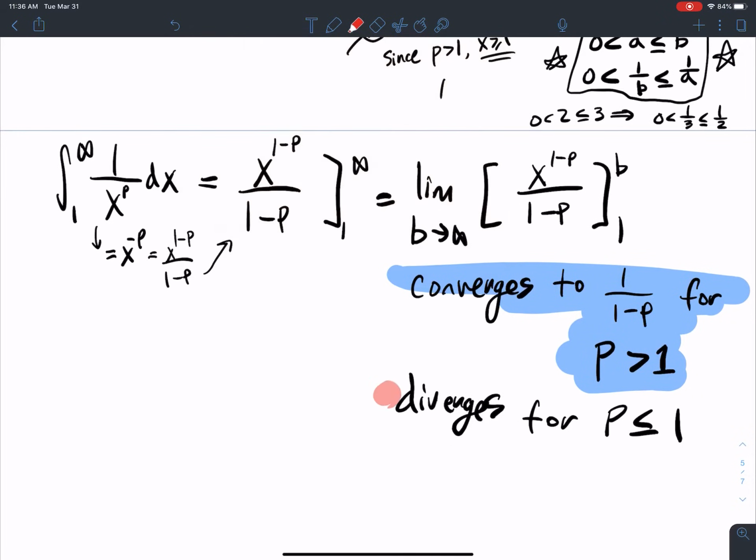And diverges for p less than or equal to 1. So what does that tell me?